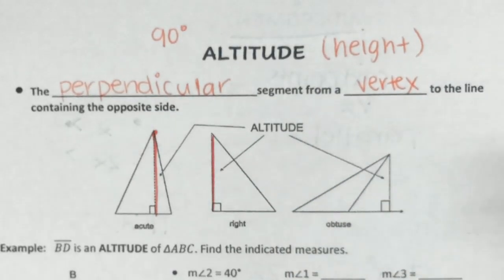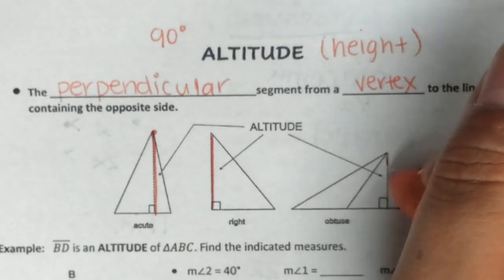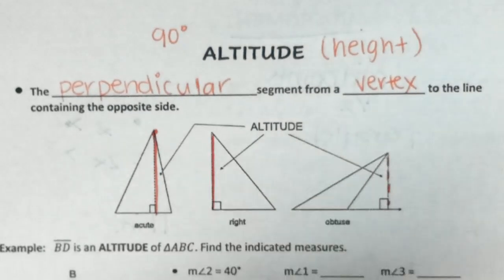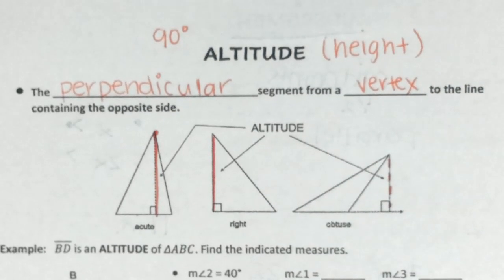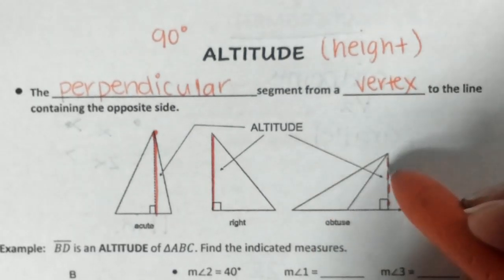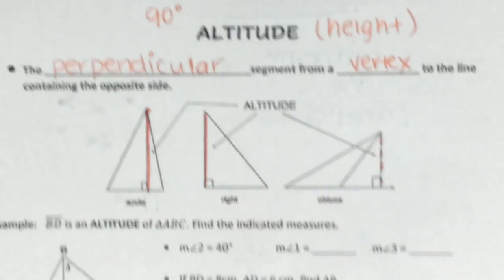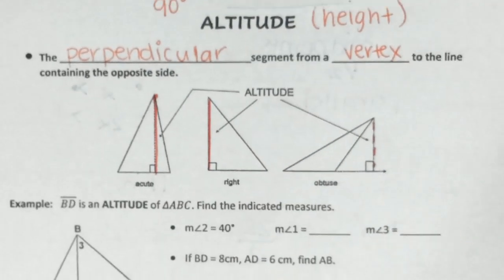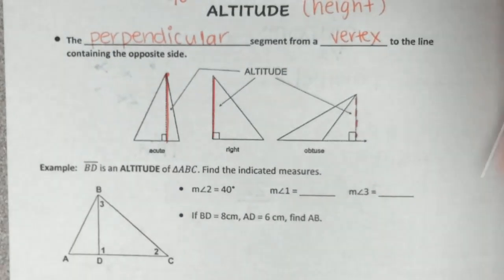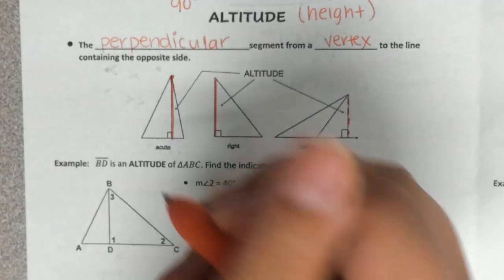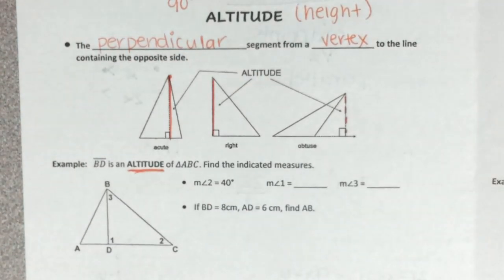And then for an obtuse triangle, your altitude is actually outside the triangle, which is kind of weird for some of y'all. So do y'all see my triangles right there, but my altitude is out here? Okay? So, this example says BD is the altitude of ABC.